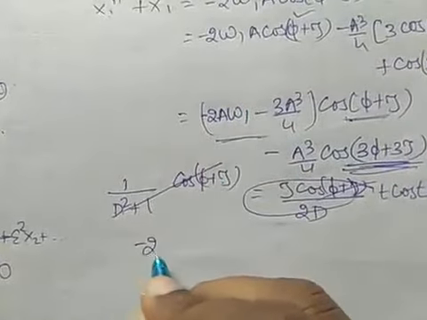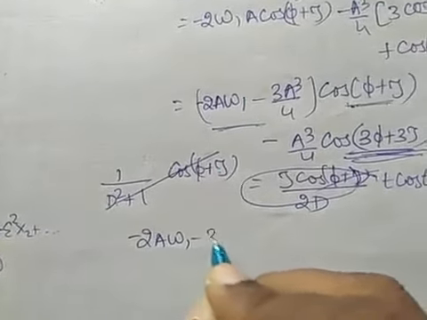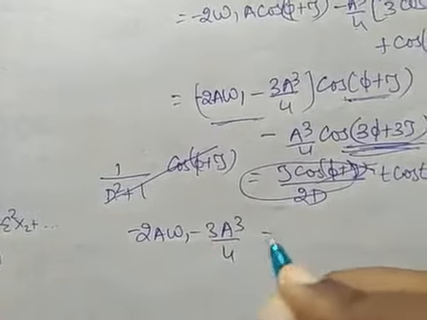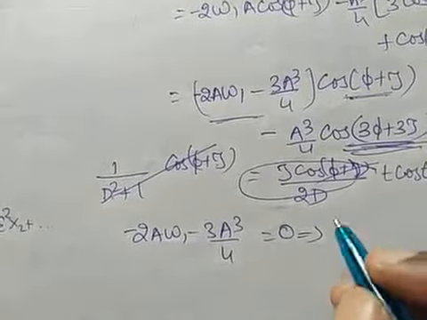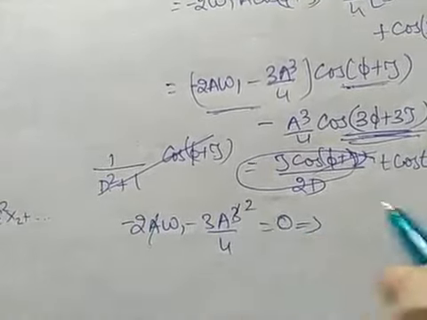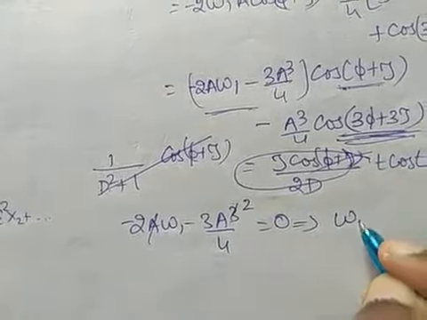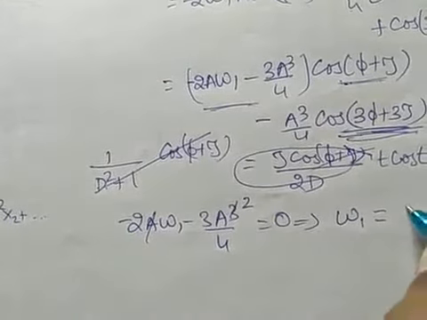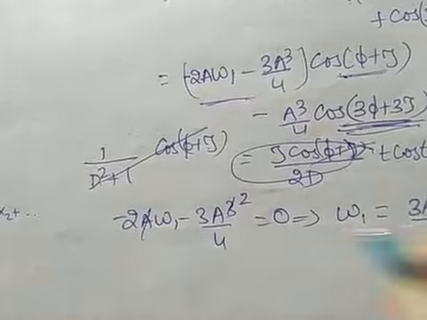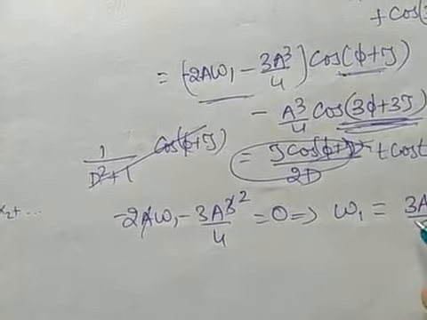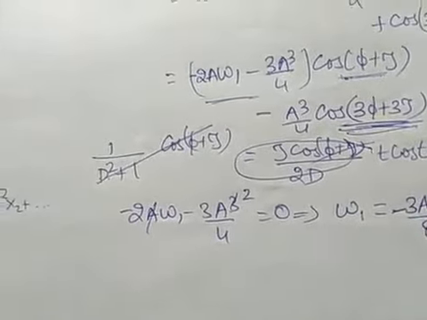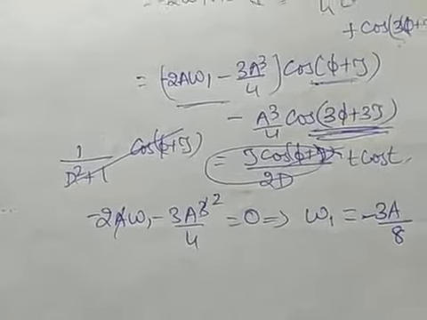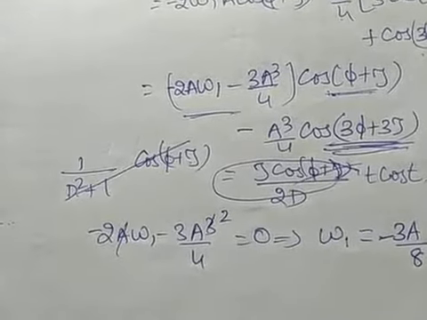So minus 2a omega 1 minus 3a cube by 4 equal to 0 implies omega 1 is equal to minus 3a by 8. So we got the value of omega 1 as minus 3a by 8.